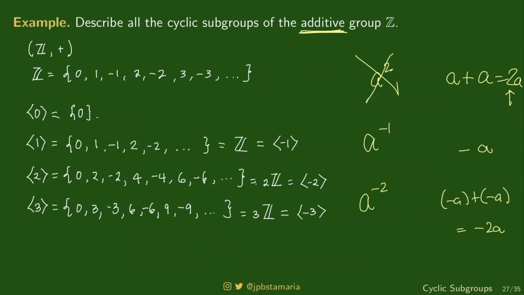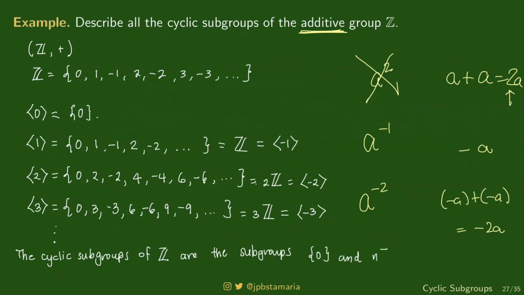Aha! We can now find a pattern. So, when you are asked to describe all the cyclic subgroups of the additive group Z, what are those? So, the cyclic subgroups of Z are the subgroups, of course, the trivial one, and the subgroup NZ, where N is a positive integer.